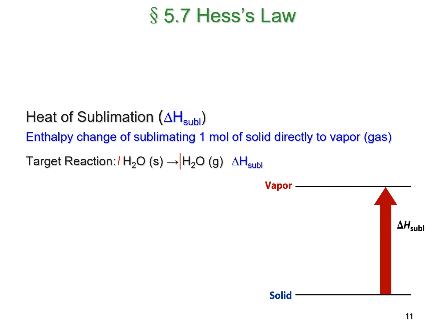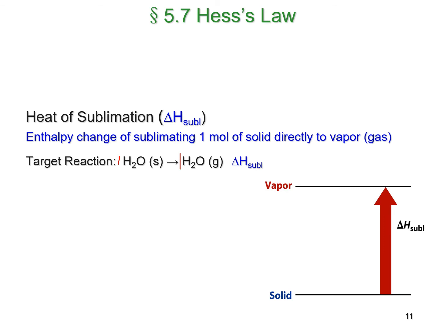So this is an energy diagram. From solid to vapor, we have an arrow going up. When the arrow goes up, what does that indicate? Is this an exothermic reaction or endothermic? Is delta H of sublimation positive or negative?